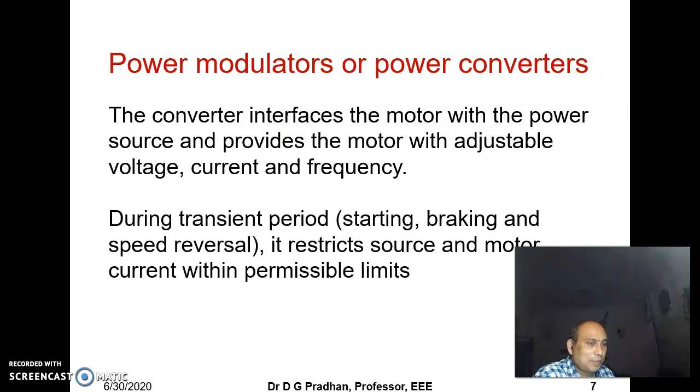Another main function of the power modulator is that it restricts the source and motor currents to permissible limits during transient operations such as starting, braking, and speed reversal. So the power modulator is the interface between the power source or power supply and the motor.